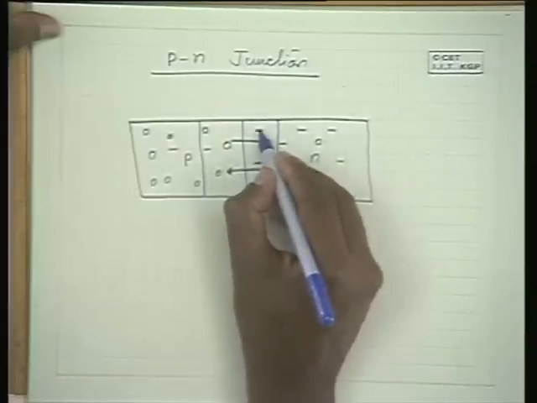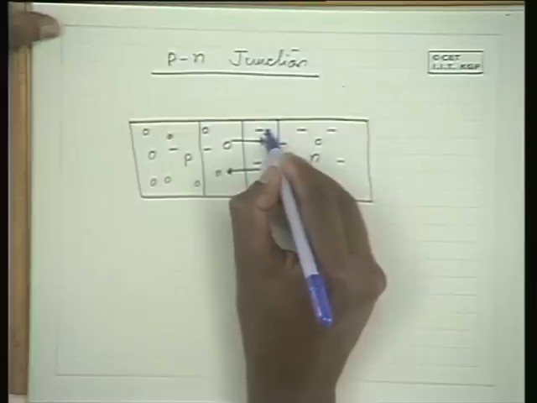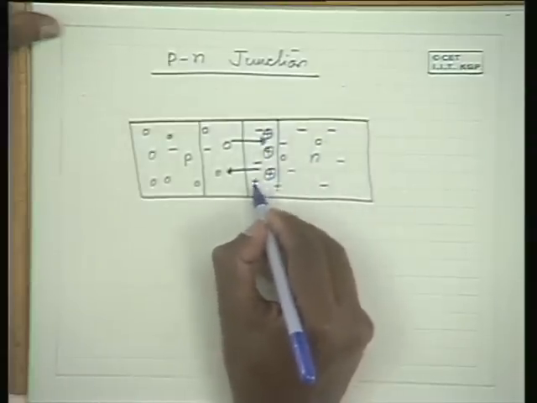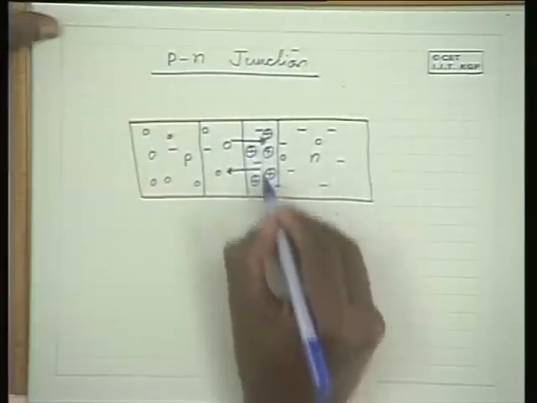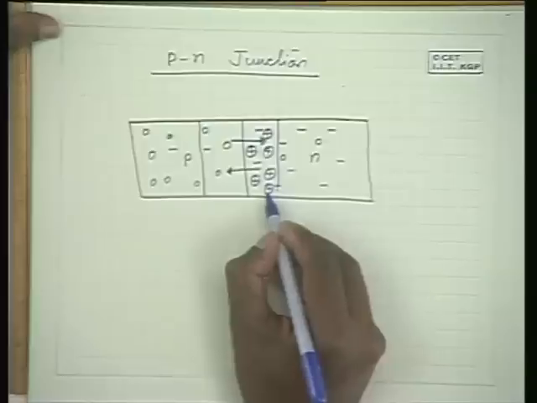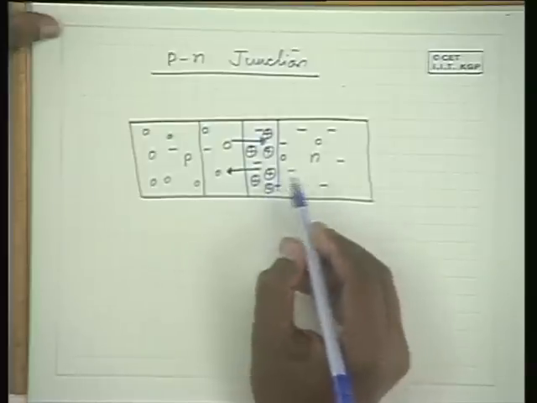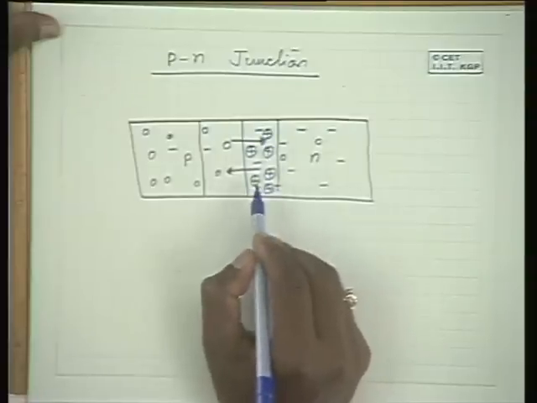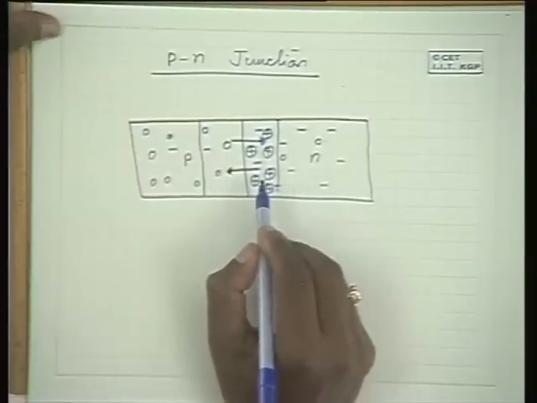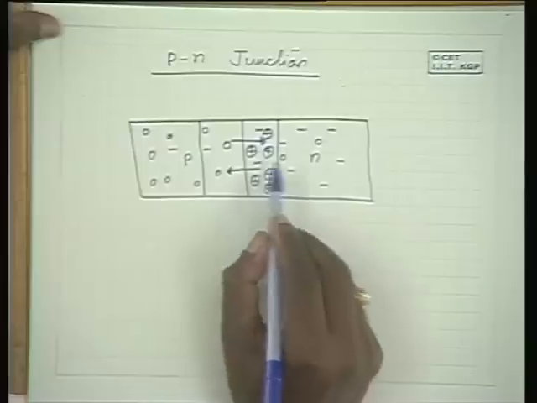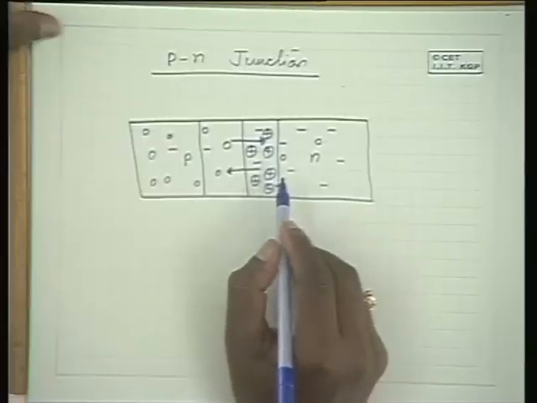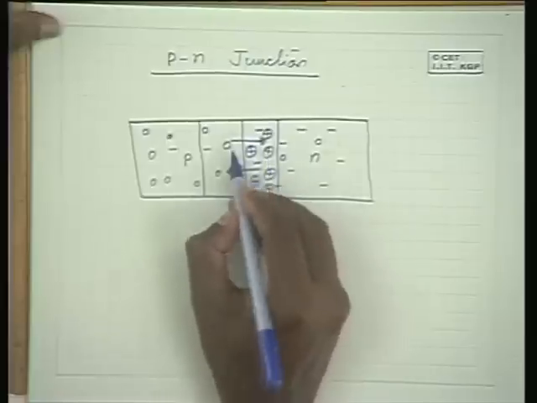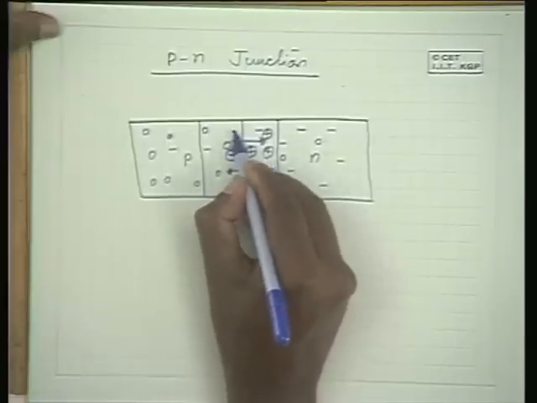And because of losing an electron, you have positively charged pentavalent ions left out, because that free electron has gone, therefore that net positive unit charge, which is immobile because these are nuclei, with net positive charge equal to 1 electronic charge, and here you have net negative charge left out.